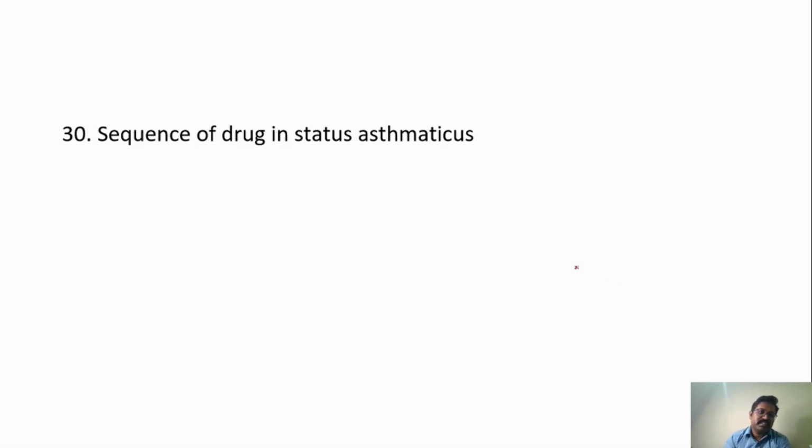Next question, what is the sequence of drugs used in status asthmaticus? Some people said this question was asked. Initially you need to go for hydrocortisone hemisuccinate 100 milligram IV.